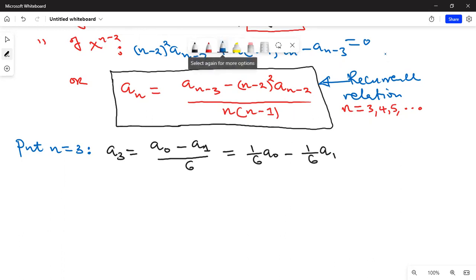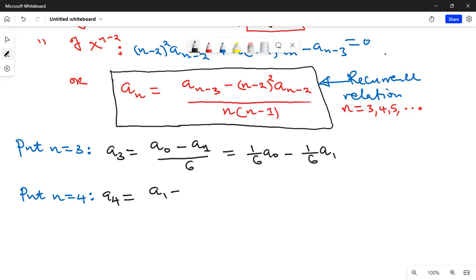Let's also try with n equals to 4. So when I substitute, you can write here, put n equals to 4. So let's see what we are going to get. That will give us a4. So you say a4 equals to a1 minus, now 4 minus 2, that is 2.